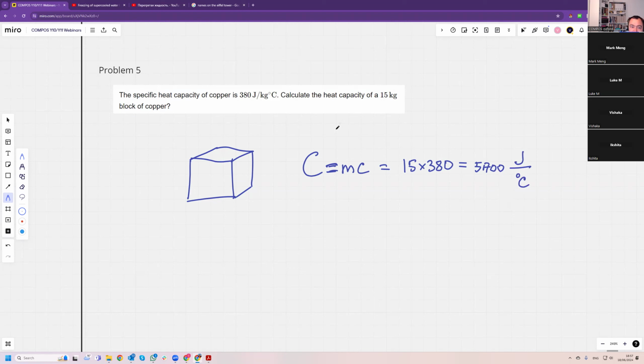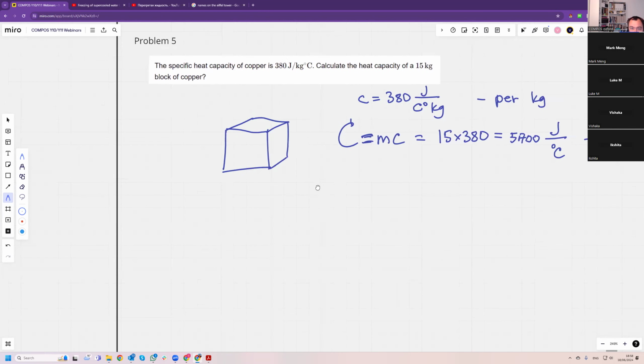Okay, so small c is 380 joules per Celsius per kilogram. This is per kilogram, and this is the whole thing, the whole block. And that's all it is.